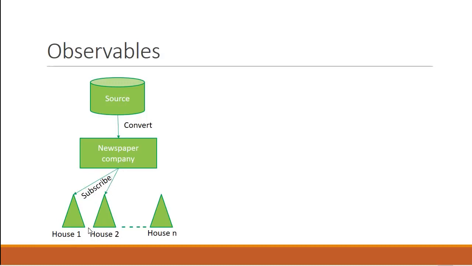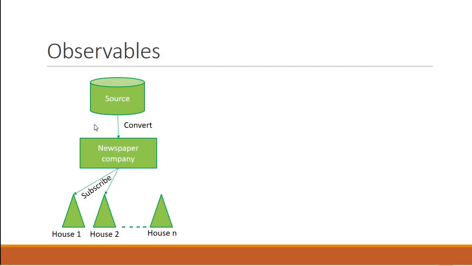So only these two houses will receive the newspaper. And after this point, what the people want to do with the newspaper is completely up to them. The newspaper company does not bother about it. House 1 might read the newspaper, whereas House 2 might make paper planes out of them. But the company's responsibility is done.